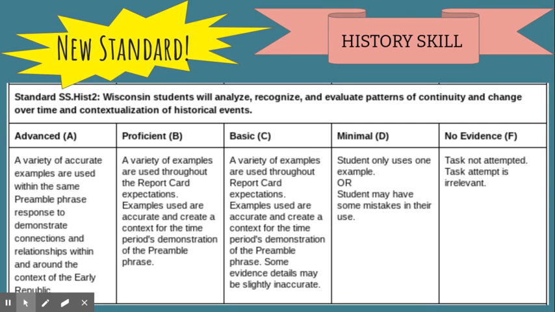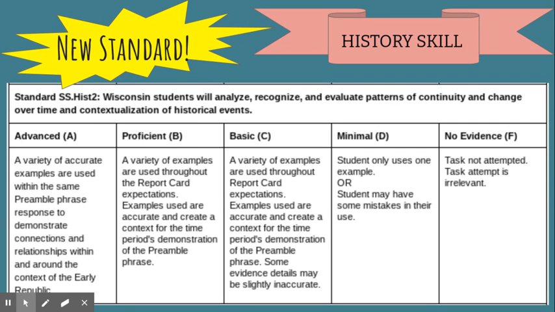Now, what that means practically is that a minimal representation is that when you're giving your example or your evidence, you're only using one piece of evidence from that time period, only giving us one little itty bitty snapshot into your understanding of what's really going on at the time.